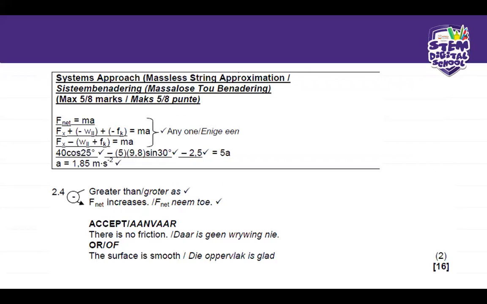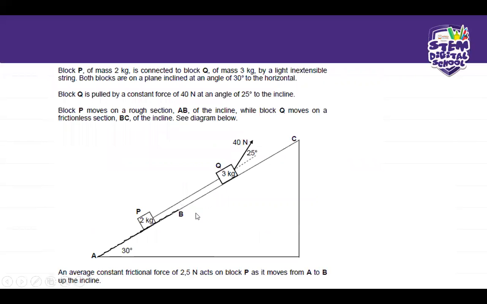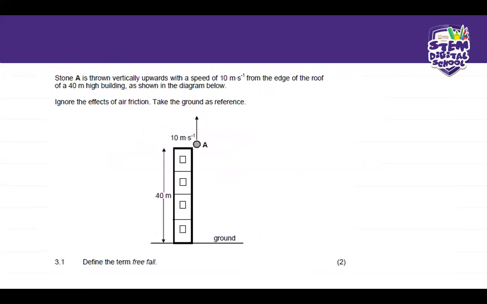Remember, with the first one, while it was passing from A to B, the ground was rough, so it had friction. Once it comes to this side, it's going to have a much smoother pathway, and the acceleration is going to be greater. So that is our number 2.